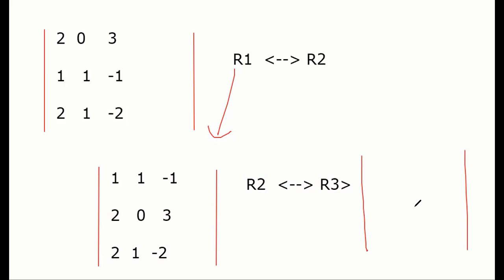Row 2 becomes row 3, row 3 becomes row 2, and they interchange. Row 1 is not changed at all, it stays as it is. Row 3 will become row 2: 2, 1, minus 2. And row 2 will become row 3 elements: 2, 0, 3. Correct? So see what happened now.